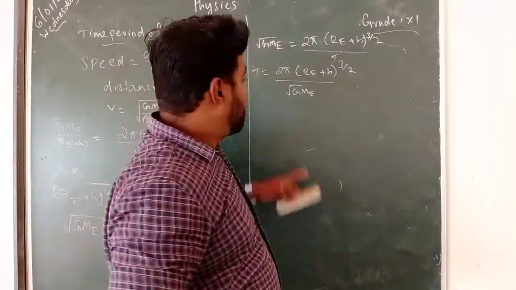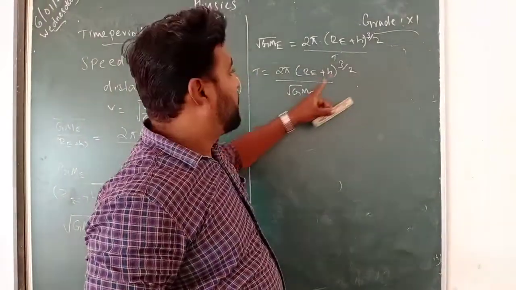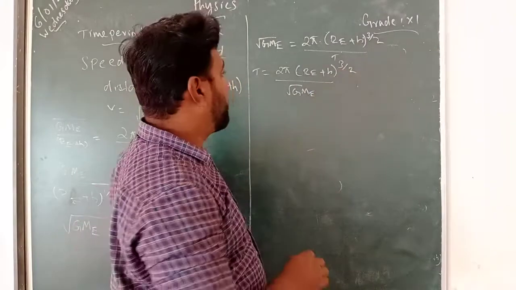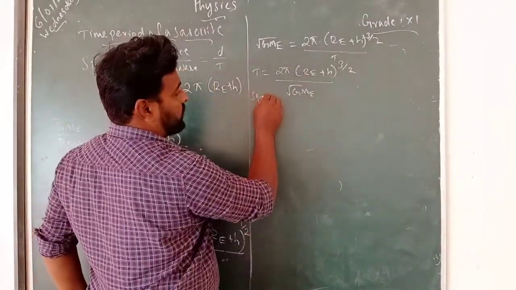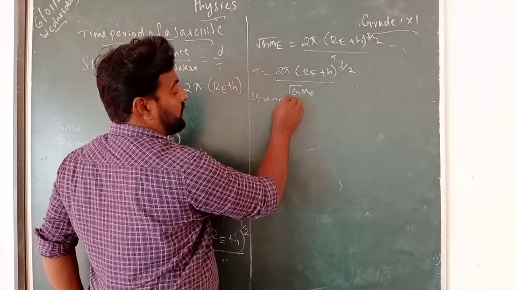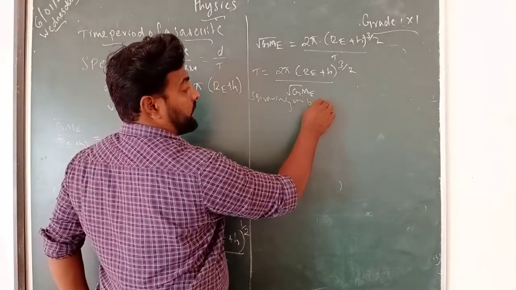Now we have to change this square root and this power value, so we square on both sides.